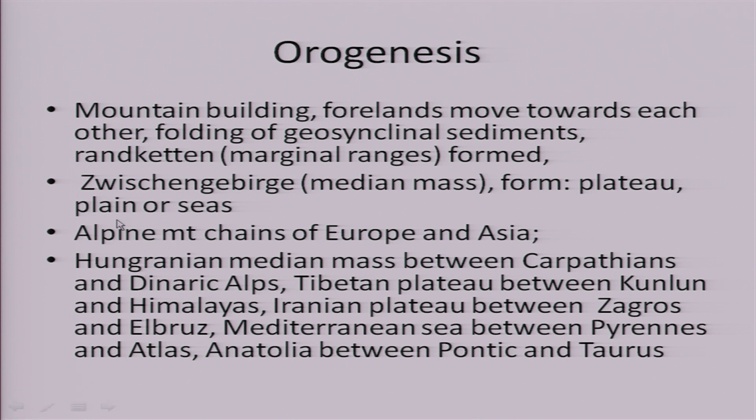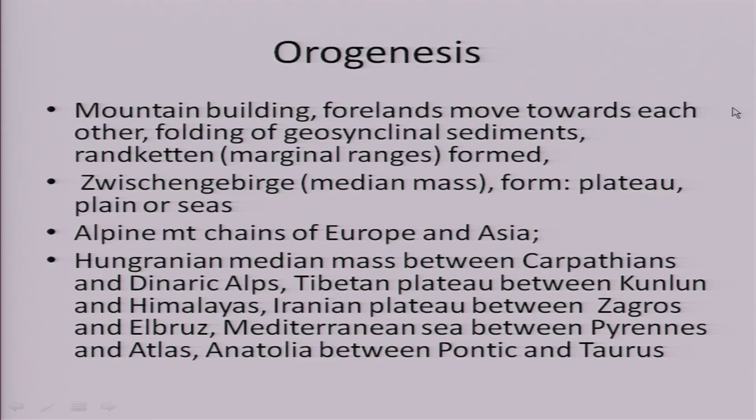Examples of median mass: the Hungarian median mass is between the Carpathians and Dinaric Alps, the Tibetan plateau is between the Kunlun and the Himalayas, the Iranian plateau is between Zagros and Elbrus, the Mediterranean Sea is between the Pyrenees and Atlas, and the Anatolia plateau is between the Pontic and Taurus mountains. So, these are several examples of median masses, and the median mass can be in the form of a plateau, or a sea also, like the Mediterranean Sea, which is between the Pyrenees and Atlas.